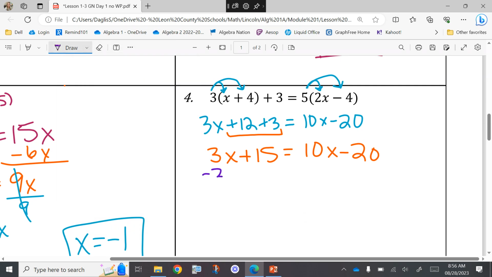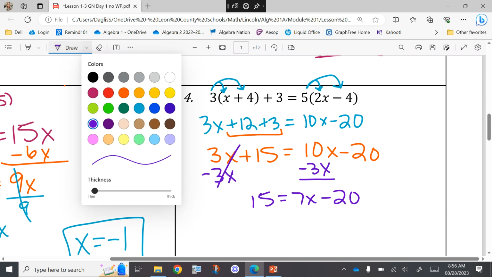By subtraction. What am I going to subtract it from on the other side? 10. Good, the 10x. So those cancel, because 3x minus 3x is 0. 15 is still here. What is 10x minus 3x? 7x. And we still have minus 20.